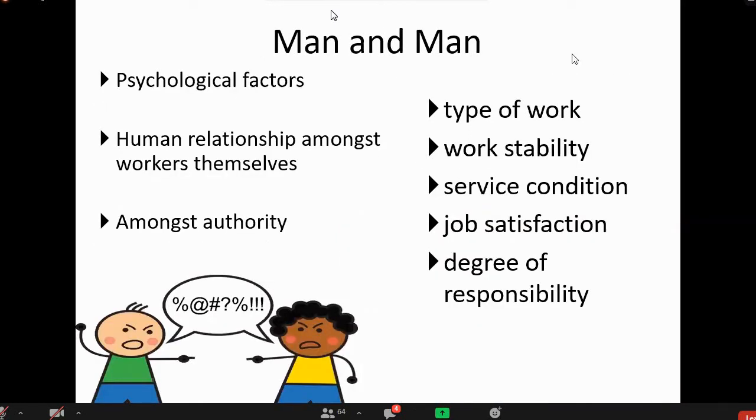Okay, and then this is one of the very, very dangerous things, man and man. It is very important. If you do not have a good working environment in your workplace, actually anywhere and everywhere, but especially in your workplace, because that is half of the day of your life you spend in your workplace.